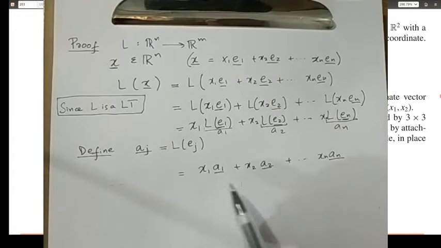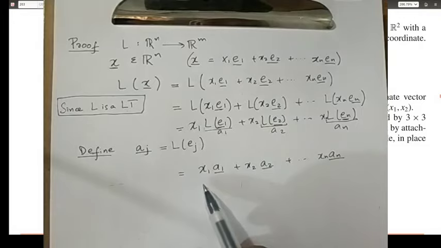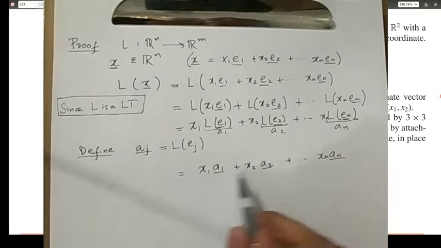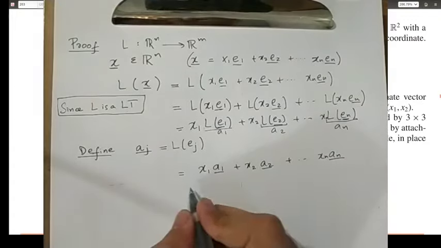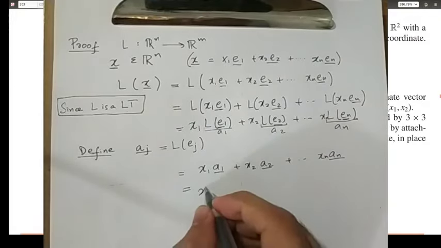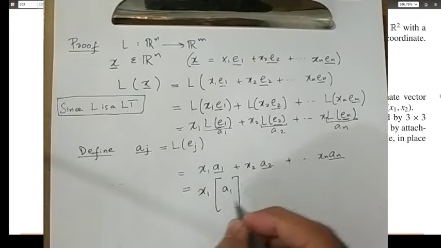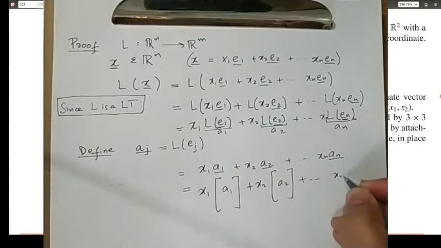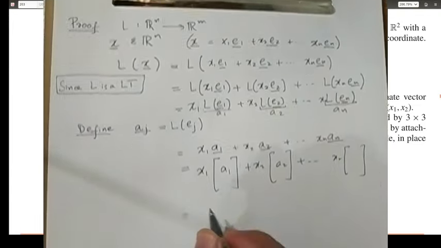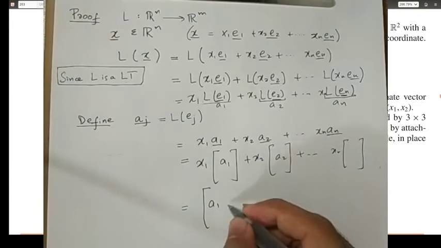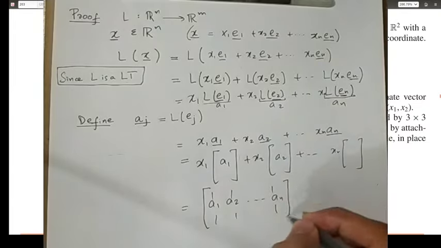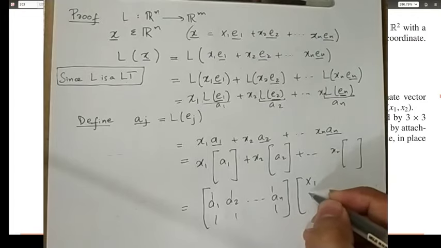If you recall from the first few classes, a linear combination of vectors can be expressed as a matrix times a vector. A1, A2, up until An are column vectors. This can simply be written as the matrix with columns A1, A2, up to An times the vector x1, x2, up to xn.